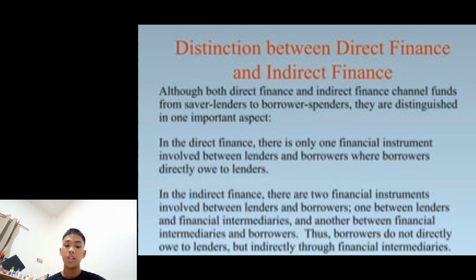In indirect finance, there are two financial instruments involved: one between lenders and financial intermediaries, and another between financial intermediaries and borrowers. Thus, borrowers do not directly owe to lenders, but indirectly through financial intermediaries.